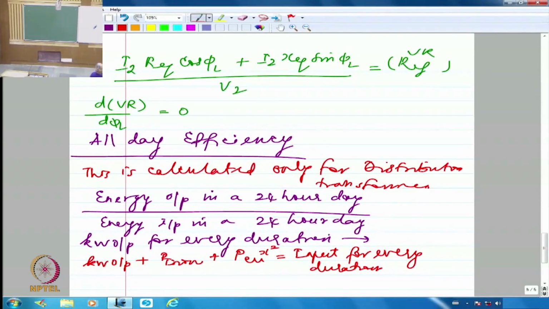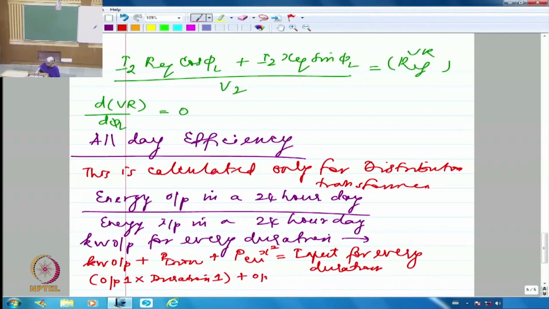Similarly, the output has to be always multiplied with the power factor if it is anything other than unity power factor. So, if I am given that for 5 hours it is working at 0.8 power factor lag with 100% load, then I have to multiply the capacity of the transformer, that is 100%, by 0.8. This will give me the total inputs, and here it will give me the total output. For everything I should say output 1 multiplied by duration 1 in hours, so I will get kilowatt hour.